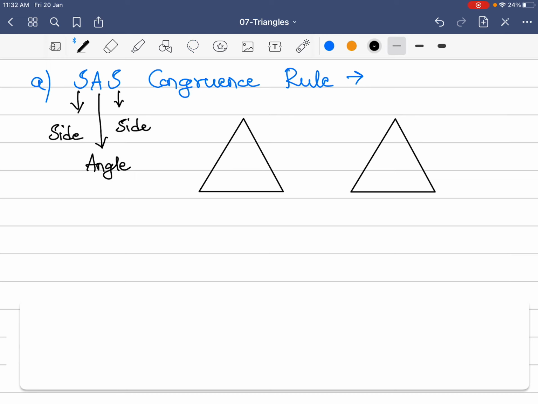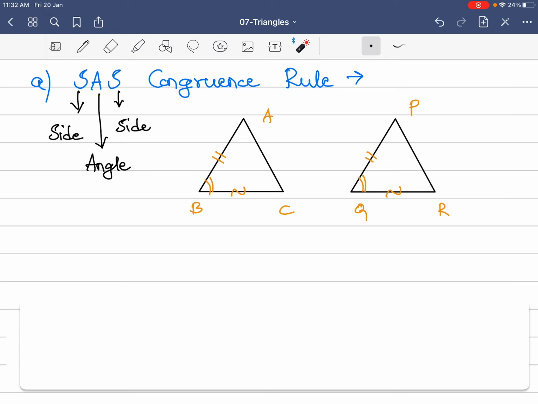The way I want you to think about this is, if I give you two triangles ABC and PQR, and if I tell you that AB is congruent to PQ, and BC is congruent to QR, and the angle in between these two sides, AB and BC, PQ and QR, is also congruent to each other. Note that this is side angle side, side angle side.